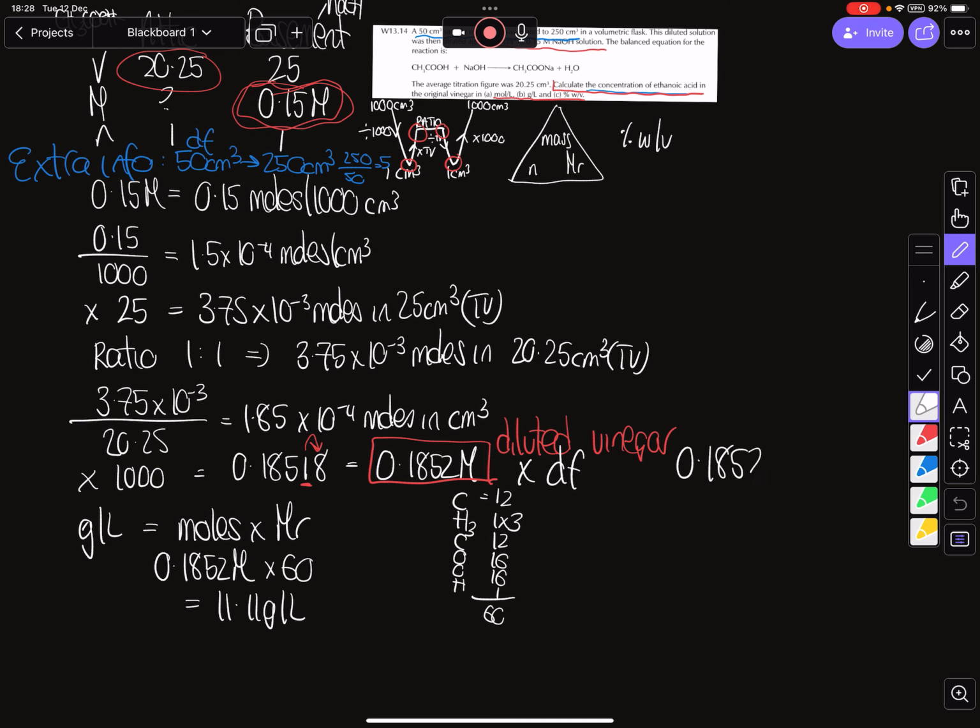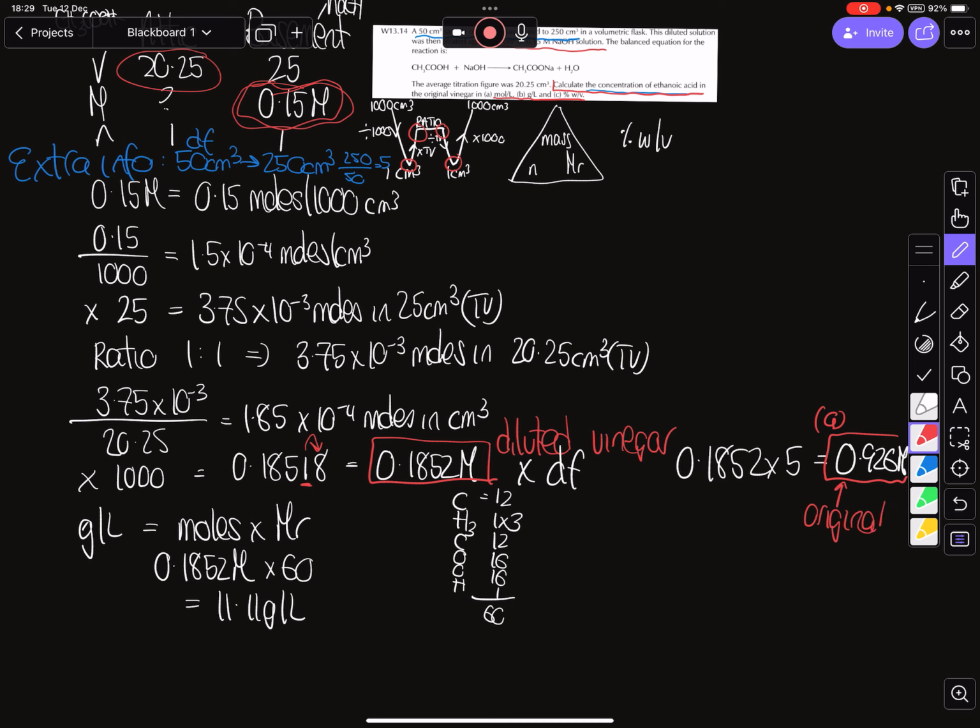So in this case, it is going to be 0.1852 multiplied by a dilution factor of 5. When I do that, I end up with 0.926 big M. So this is going to be the answer to part A up here, in my original vinegar.